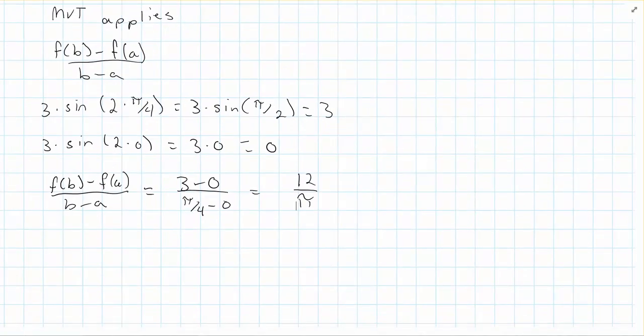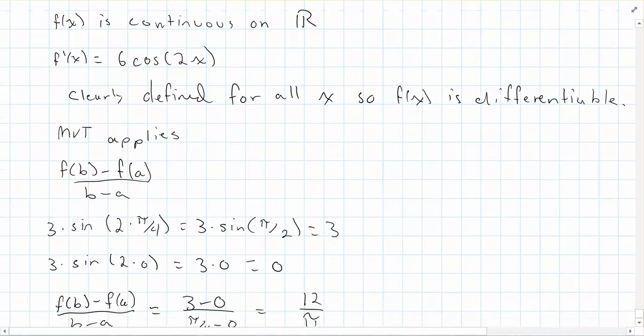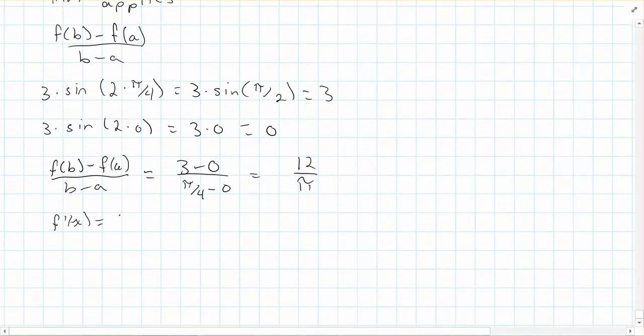And then what we do here is we set my derivative, f prime of x, which is 6 cosine 2x. Let me scroll back to make sure I get f prime of x correctly.